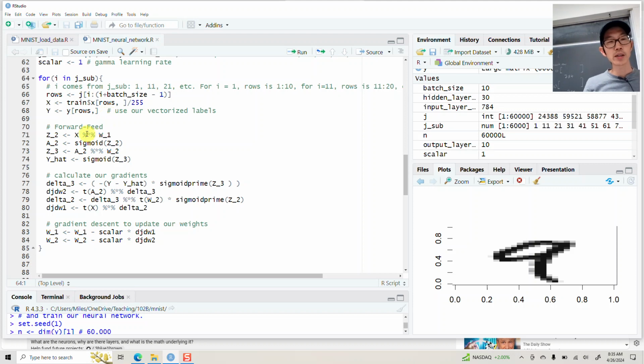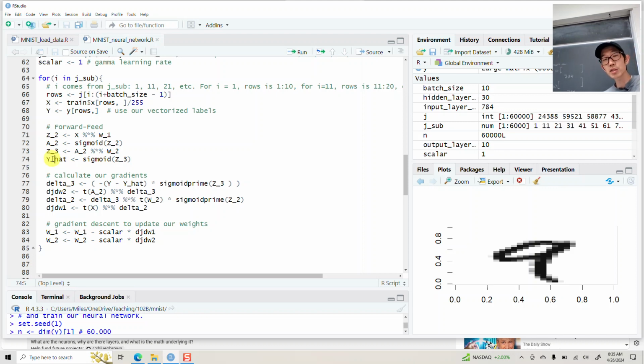Then using those 10 rows, I do forward feed: x times w1, apply the activation function, take those results, multiply by w2, apply the activation function. Those are going to be your predicted values. So that's going to be my 10 by 10 grid of predicted values. I have 10 observations and 10 prediction nodes. So just for this batch of 10, give me the predicted values.